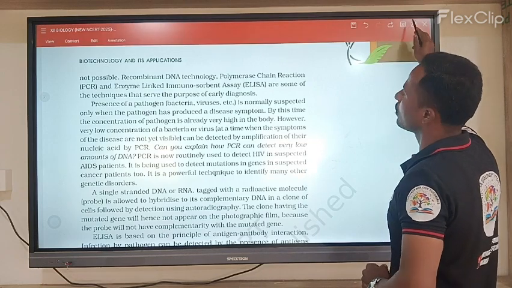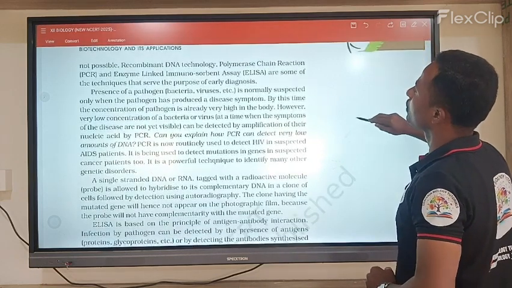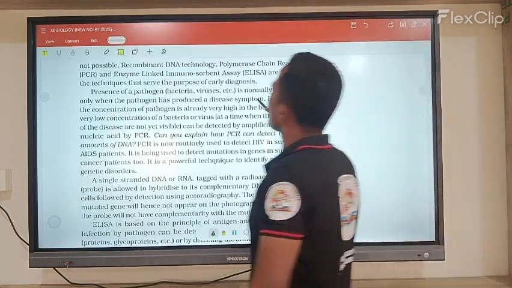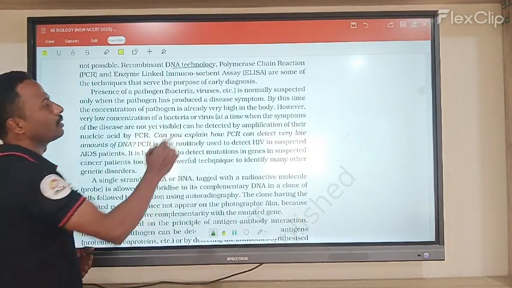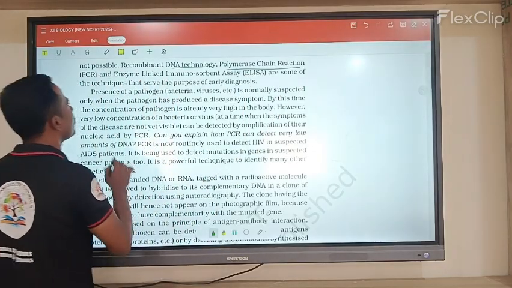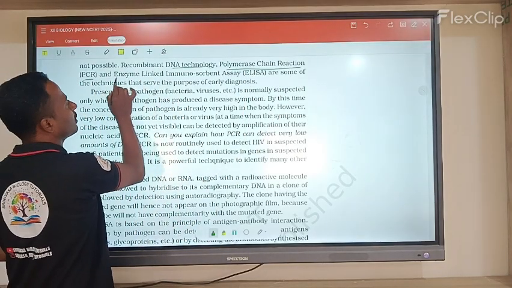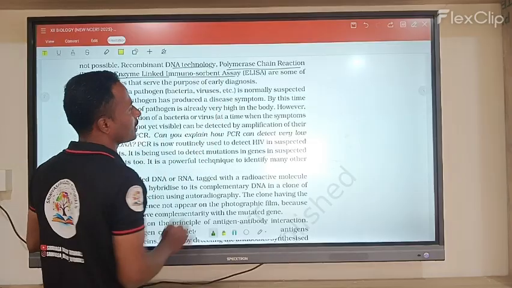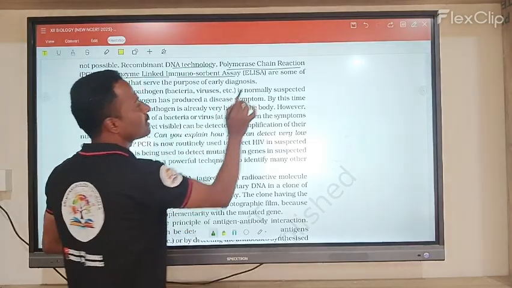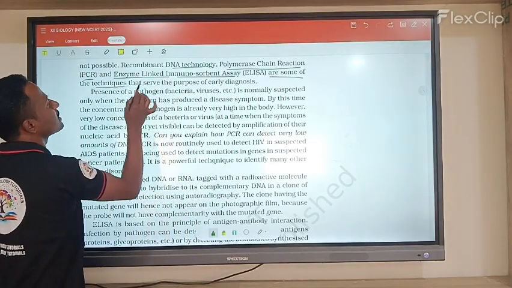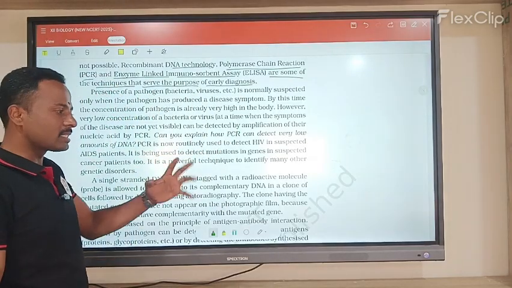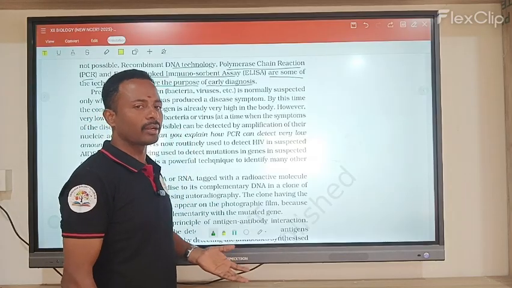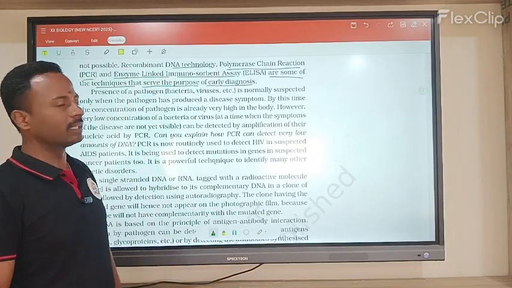When we use recombinant DNA technology, we use the polymerase chain reaction (PCR) and ELISA, that is enzyme linked immunosorbent assay. These are some of the techniques that serve the purpose of early diagnosis and give results early.